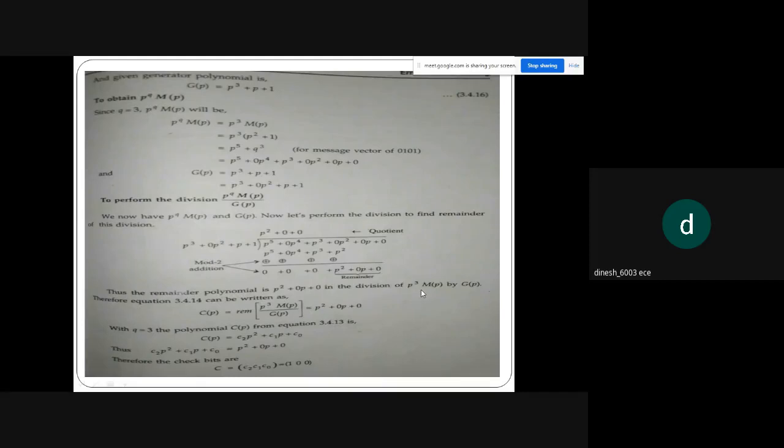Both will represent p square. So in the division of p cube m of p by g of p, the remainder will be p square plus 0p plus 0, or simply p square.